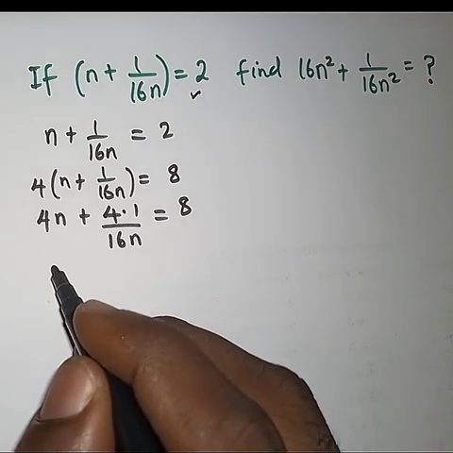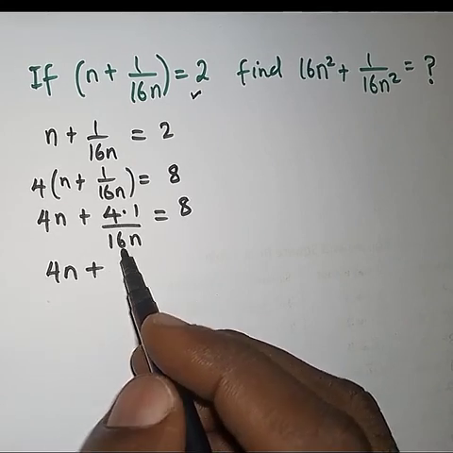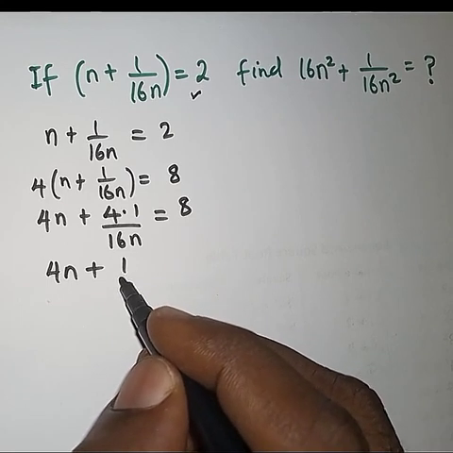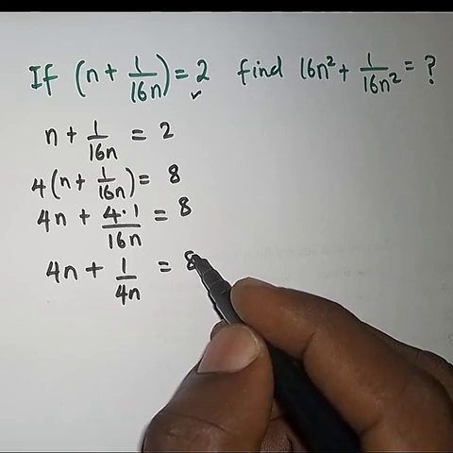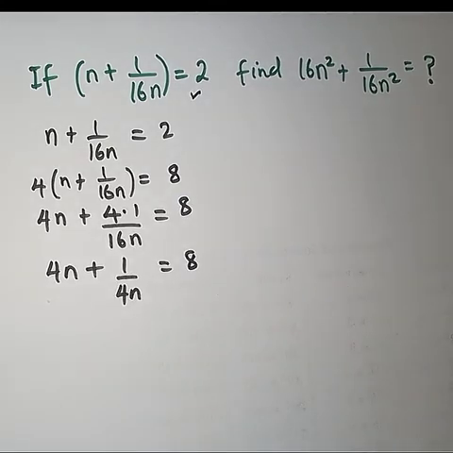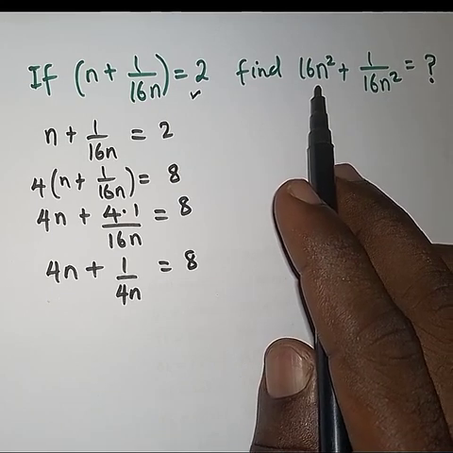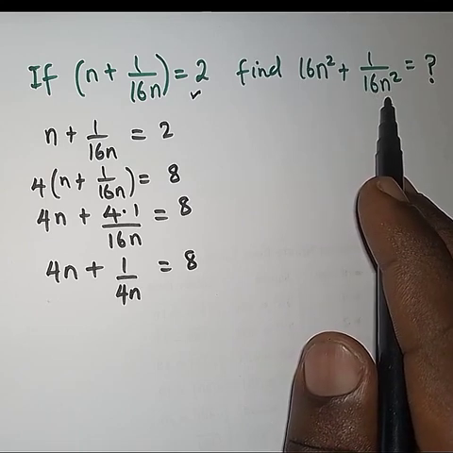So now from here, what do you think we're going to do? We can see that we can reduce the left hand side: 4 in 16, that will give us 4. So therefore we are going to have 4n plus 1 over 4n equals 8. Don't forget that this is where we are going: we are trying to look for 16n squared plus 1 over 16n squared.